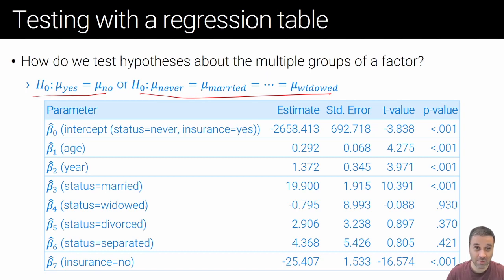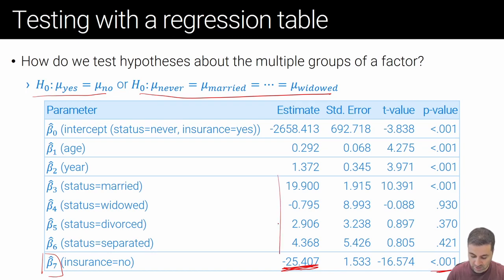How do we test here? Well, we might be inclined to say for this simple hypothesis of insurance yes or no, we go into coefficient beta 7. And this estimate is giving us the difference between insurance yes and insurance no. And we have a very significant p-value, right? How do we test hypotheses about the different marital statuses? Because it's not only two groups, it's many different groups.